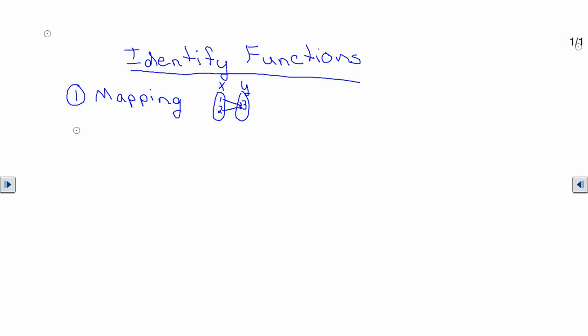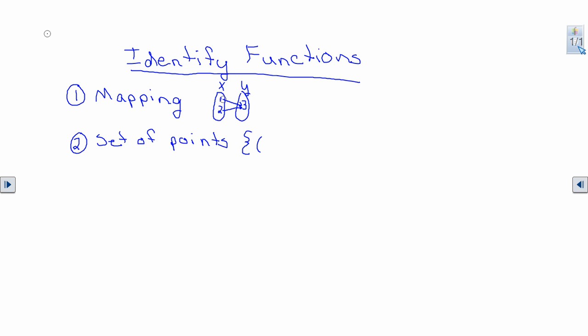The second way the information may be provided to you is through a set of points. So the same information as a set of points. I need to use some set notation, some fancy little brackets. And I would tell you the X and the Y that go together.